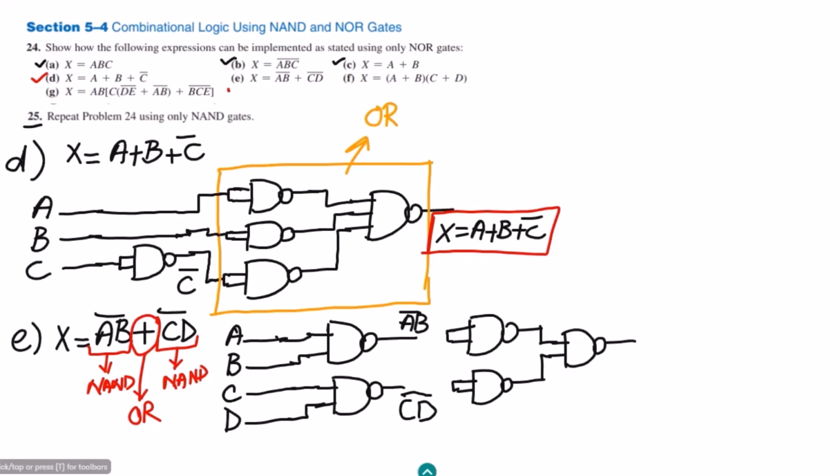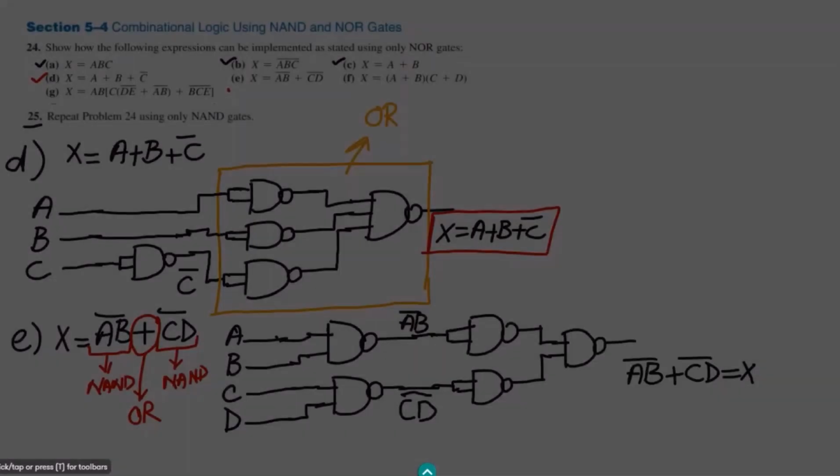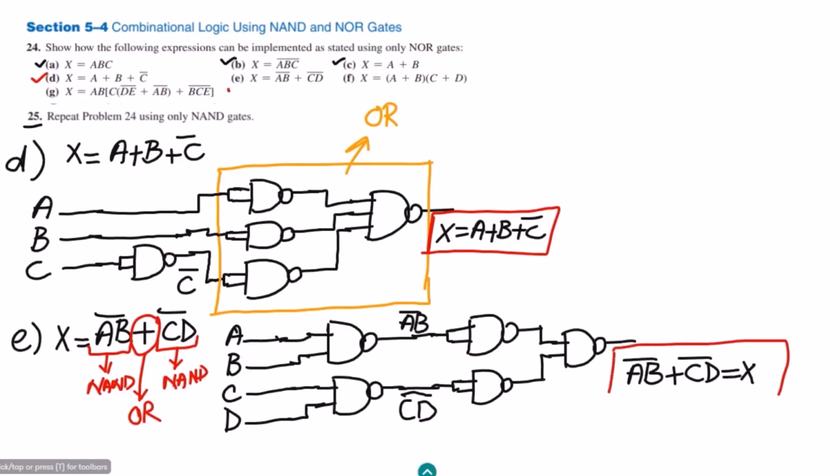So when these two are applied here, at the output of it, what would I get? I would get (AB) whole complement plus (CD) whole complement, and that is X. So this is the solution of it.